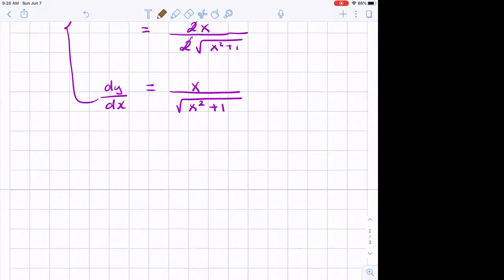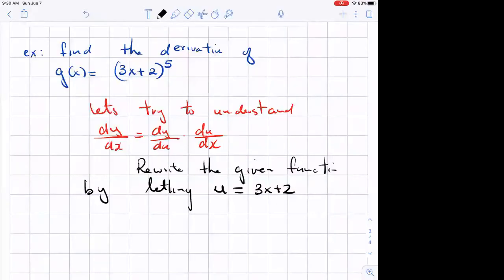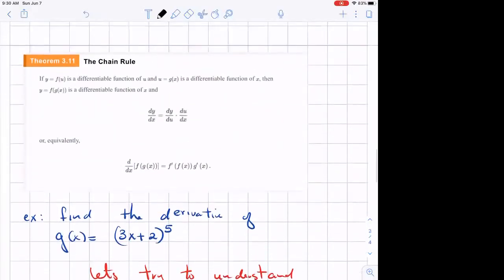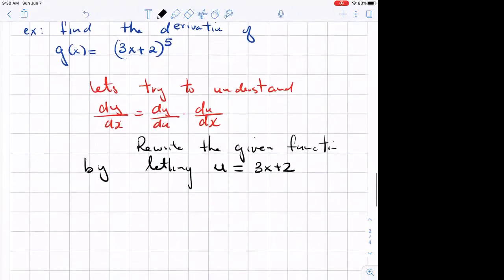So this is really what the chain rule is, right? So there's a theorem which I'll add now. This is just showing you what's happening with the theorem, the chain rule theorem. Okay. You don't have to use it because you will see that after you do a few practice problems this just becomes sort of like normal to write things out.